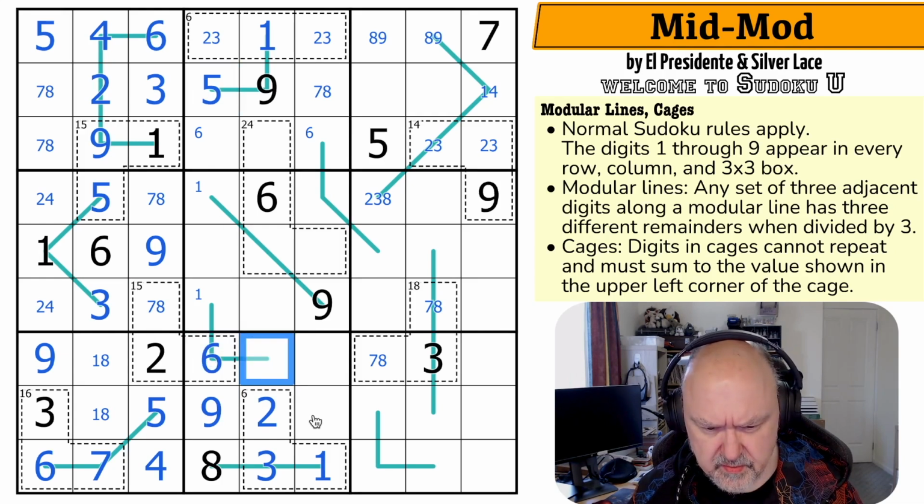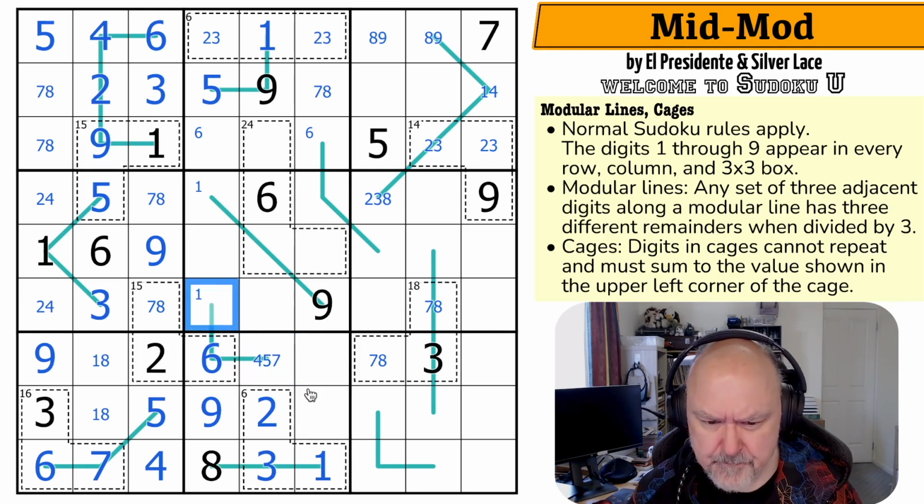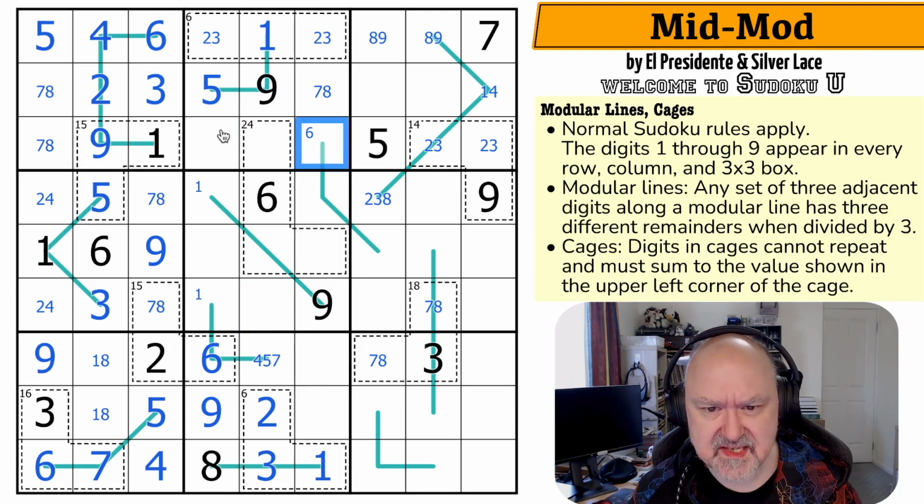So if this can't be from 3, 6, 9, it's either from 1, 4, 7 or 2, 5, 8. If it's from 2, 5, 8, it has to be the 5. If it's from 1, 4, 7, it has to be 4 or 7. And the same here. Well, that 6 is saying that's not the 6, that's the 6. These are now only from 4, 7, 8.